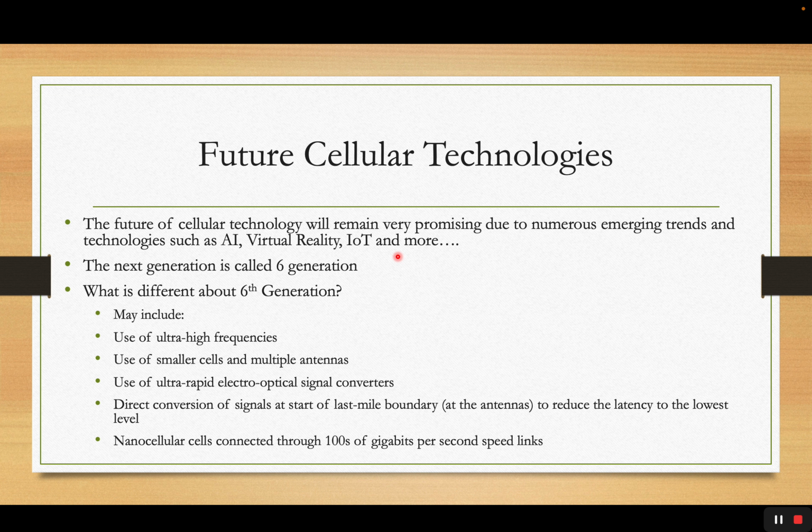Such a huge market demand can only be catered to with futuristic cellular technology, such as the sixth generation. Now, the sixth generation cellular technology will use fiber optic directly connected to the antenna with a high power optical to electromagnetic wave converter.